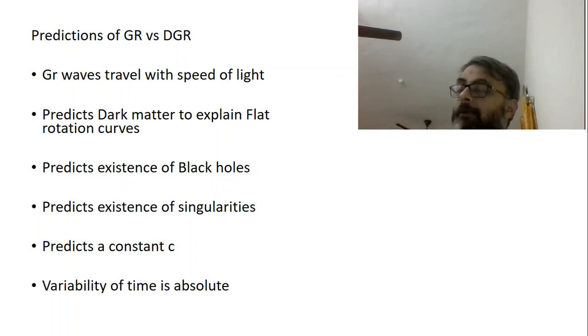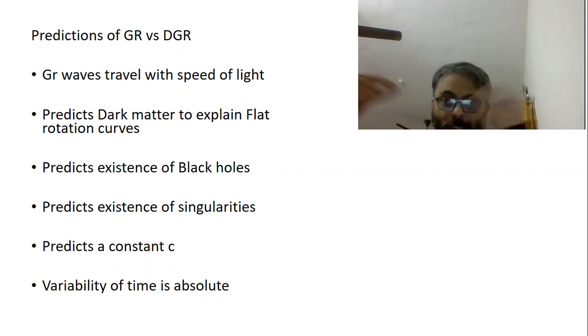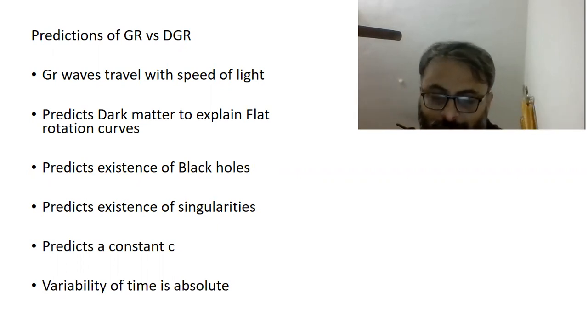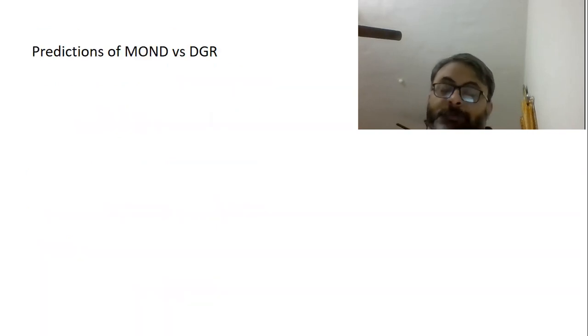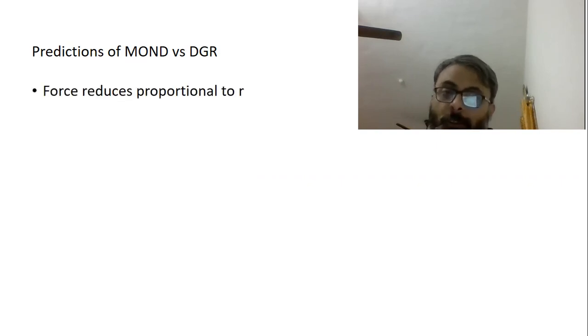This is a prediction of DGR, but you cannot really send an atomic clock into the intergalactic region and do an experiment to check whether it is ticking faster. It is unfortunately beyond testing. It's not testable.